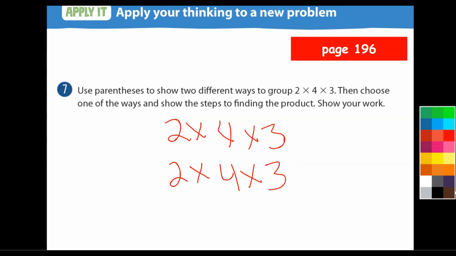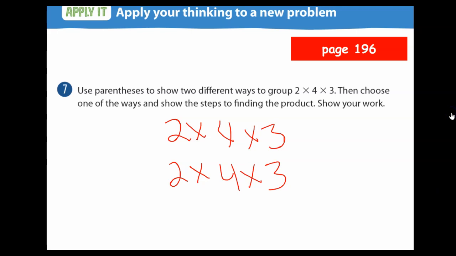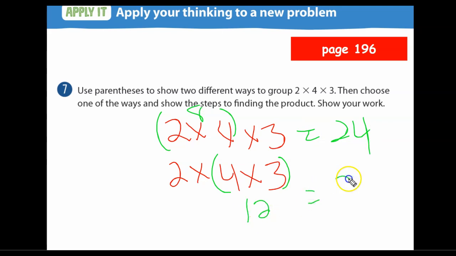Which numbers am I grouping? 2 times 4 or 4 times 3. I'm probably going to, this one I could do either way because 2 times 4 is 8 and 8 times 3 is 24. 4 times 3 is 12. And I know what 2 times 12 is. 2 times 12 is also 24.